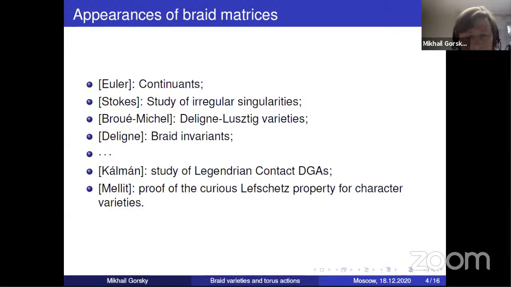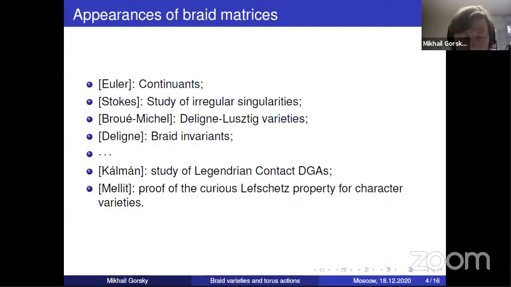They appeared in works of Broué and Michel on Lusztig varieties, and in works of Deligne himself on some braid invariants. And I presume that there were many appearances before and after. And quite recently, they appeared in a study of some Legendrian links, namely of certain Legendrian contact differential graded algebras. I will not define them, but I will speak about them in a few minutes.